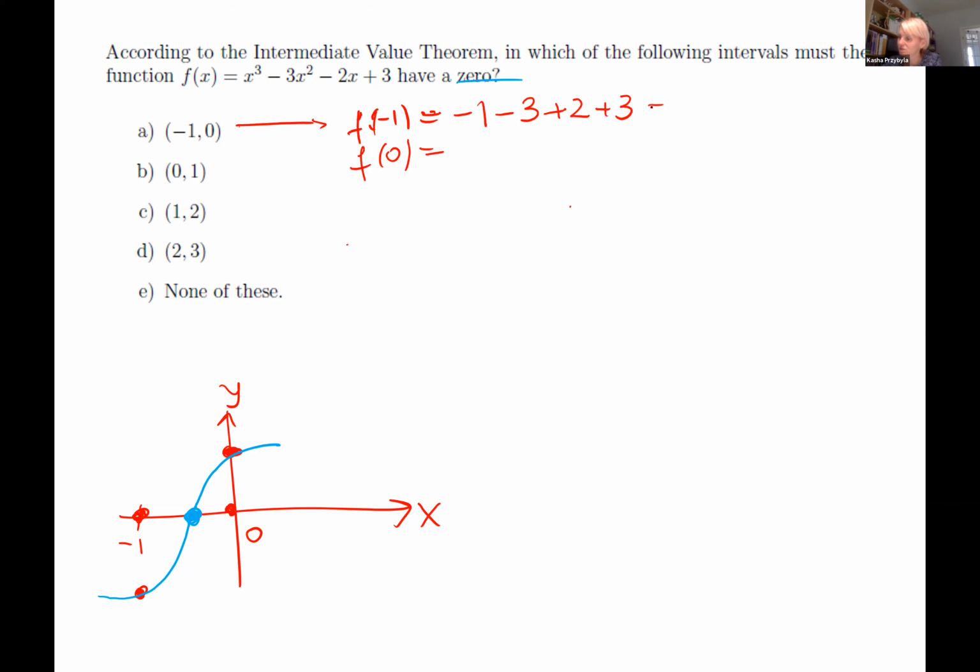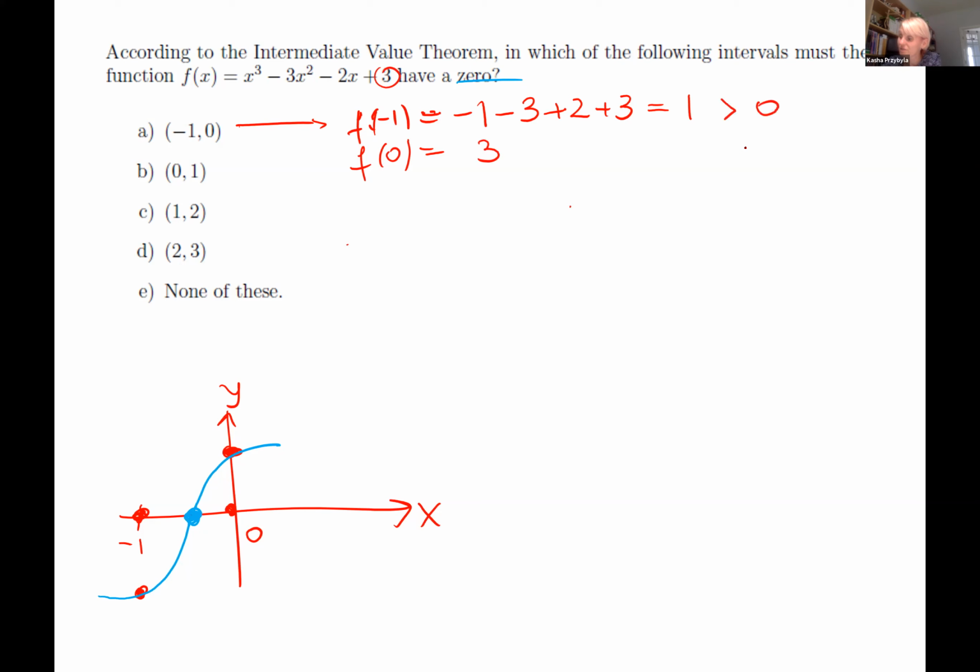That means this looks like a value 1. Thank you for doing the arithmetic, because doing arithmetic is a challenge sometimes, especially with the nice, easy numbers. Okay, and then at 0, of course, is just 3.